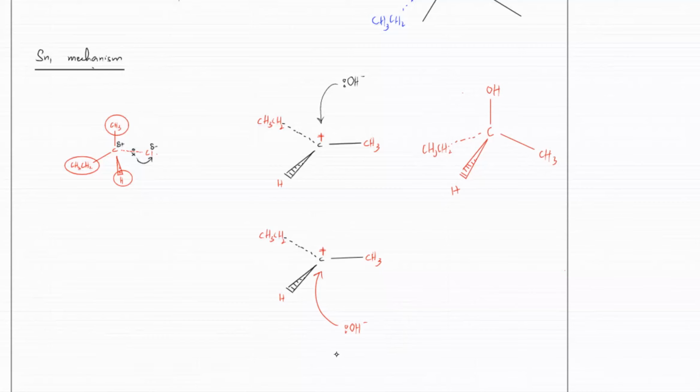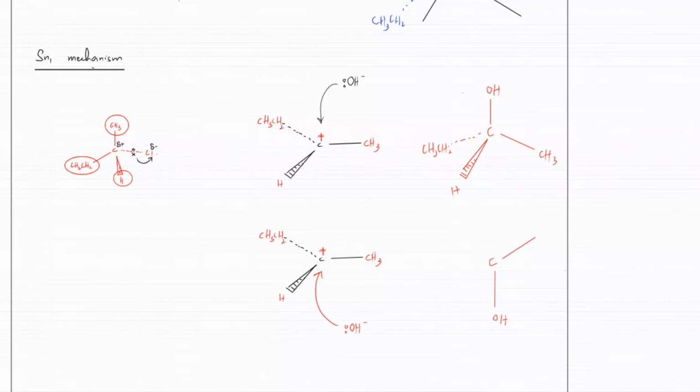The other one is going to be the mirrored version. The OH will bond from the bottom. So I'll do everything the same. You'll have a carbon atom, and the OH is going to bond or attach itself from underneath the fan. And all the other bonds are going to get repelled upwards. So there's a CH3.